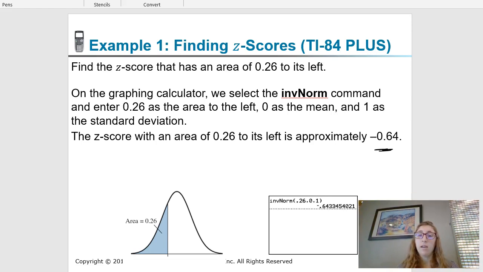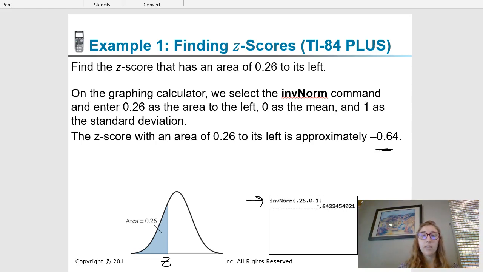Okay. So we're getting negatives now. Why are we getting negatives? Because we're talking about z-scores. So z-scores can be positive, can be negative, and 0 is our mean. Okay. So when you're drawing your picture and you're labeling here, we were looking for the z-score, you should also think for a moment before you go and use your invnorm. Think about, should my z-score be positive or negative?